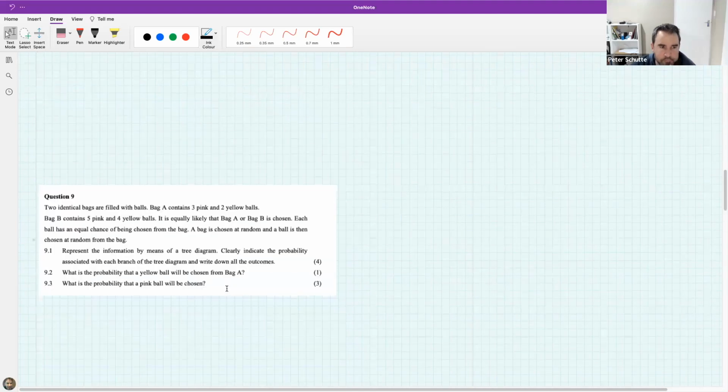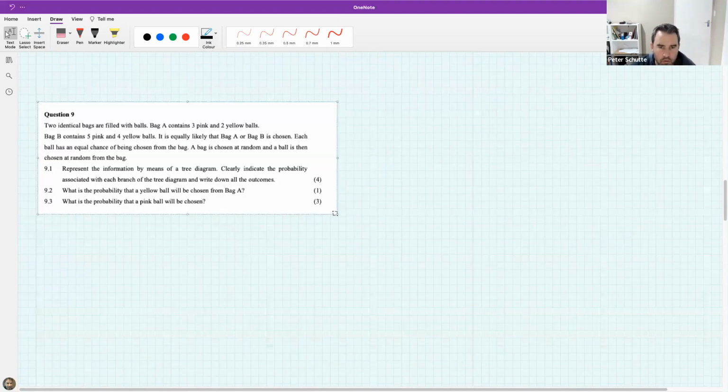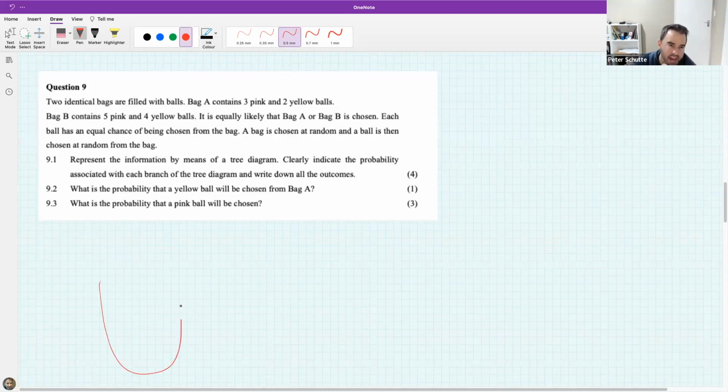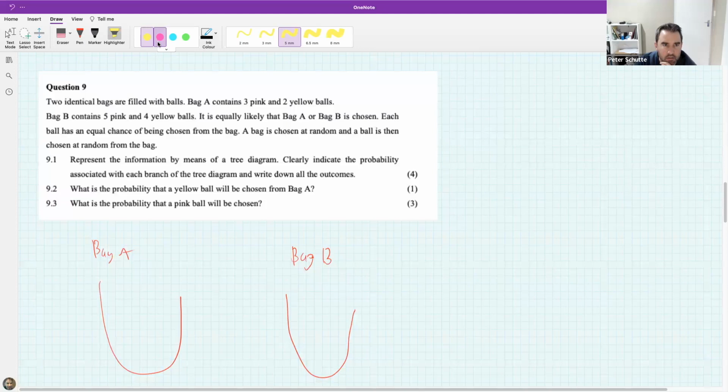Let's do this one. So it says, 2 identical bags are filled with balls. There is bag A and bag B. Okay, so bag A contains 3 pink and 2 yellow.